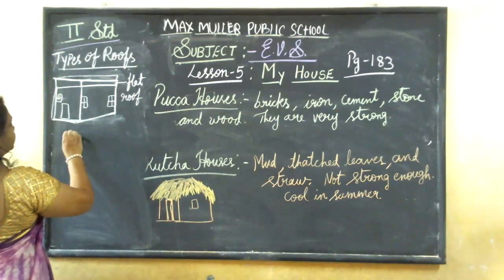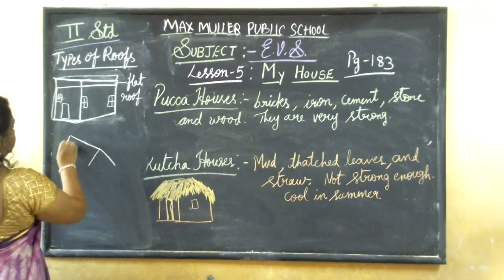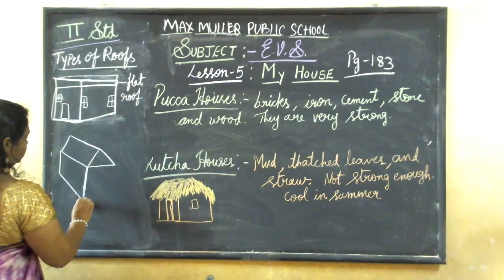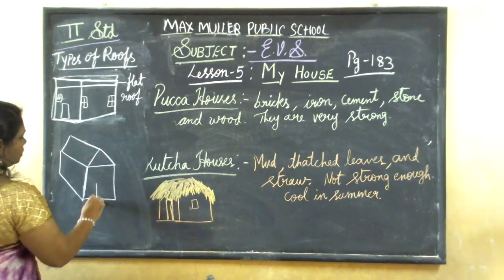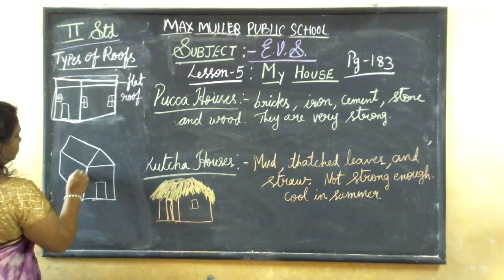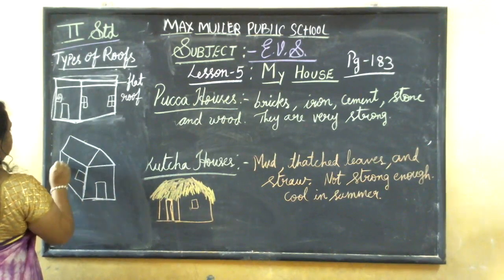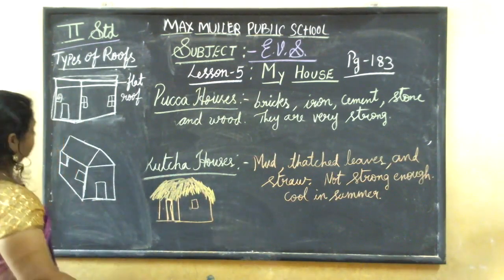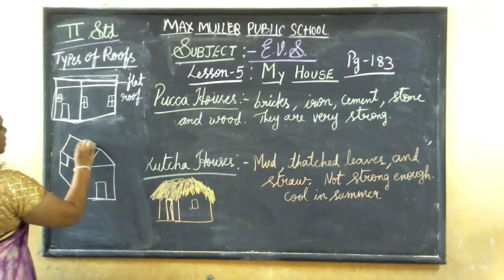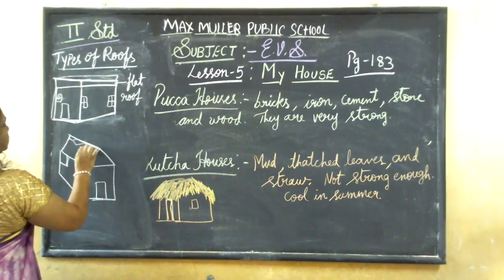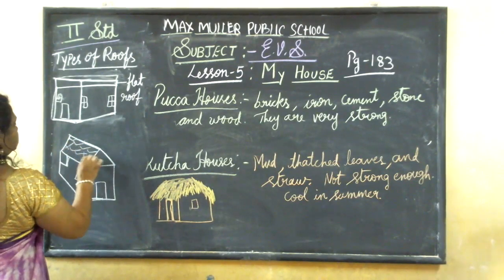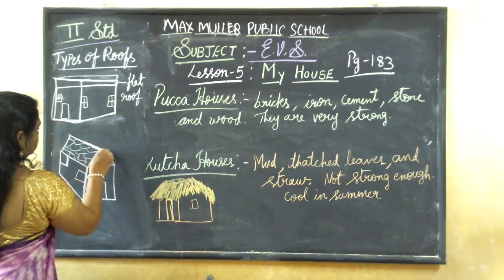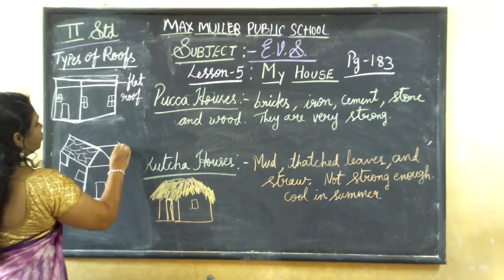Now how is it? So this is the slope roof.